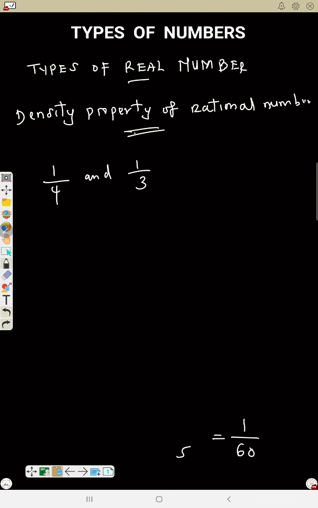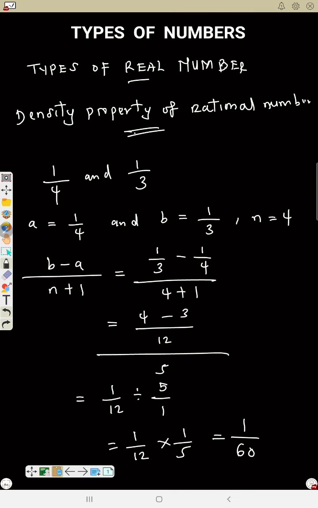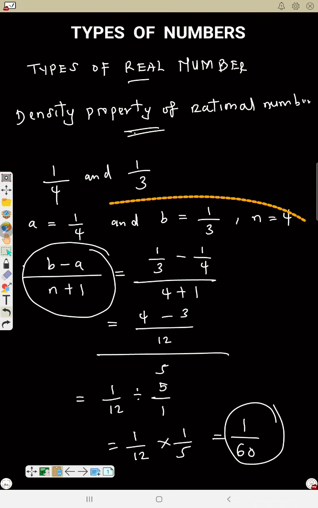I'm using this one, 1 over 60. By dividing (b minus a) over this, we got 1 over 60. So it's the one I'm adding together now.